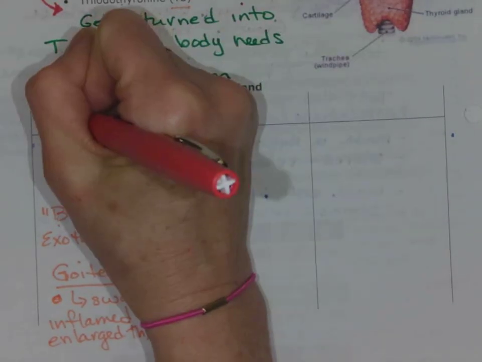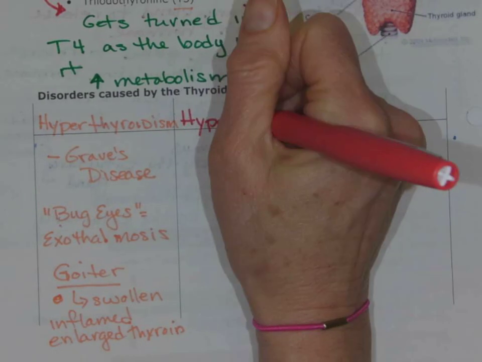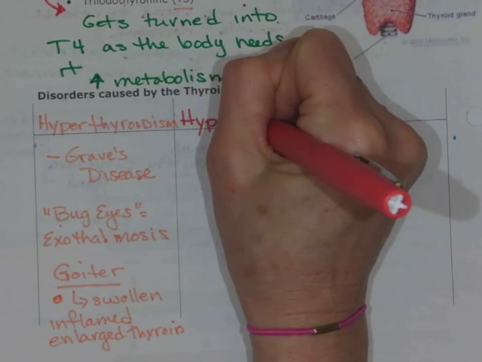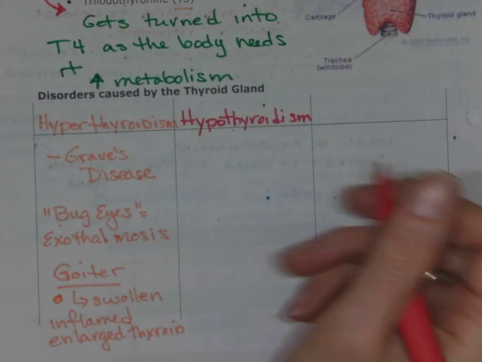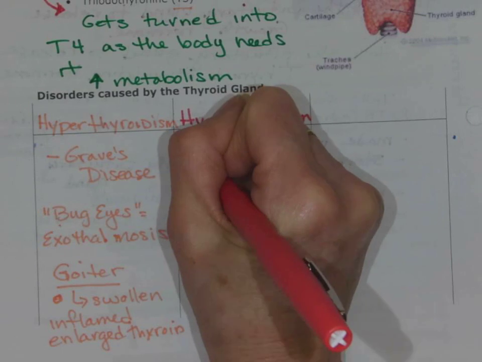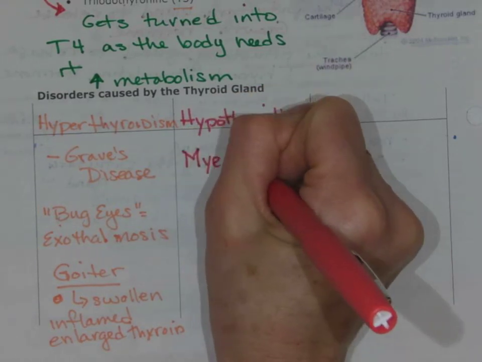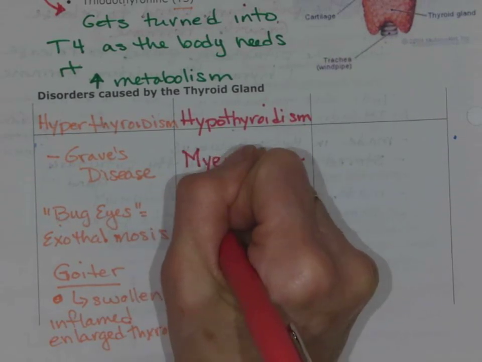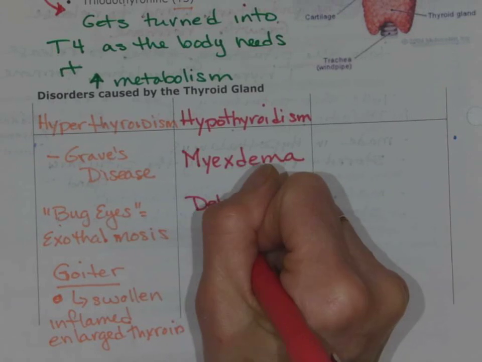Hypothyroidism. So this guy is too much. This guy is not enough. These are the guys who eat the donut and who look at the donut and put on 5 pounds. Most commonly, the most genetic, birth kind of found is called myxedema. They have delayed growth. This is usually very obvious in kids. You could look up pictures on the internet of these kids.